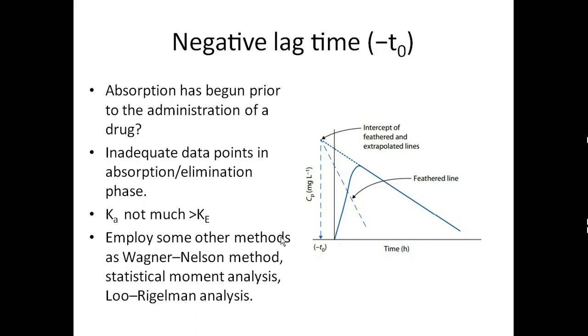So this can be avoided by following other methods. We can shift from the method of residuals to other methods, specifically the Wagner-Nelson method, statistical moment analysis, or the Loo-Riegelman method if we are considering a two-compartment design.